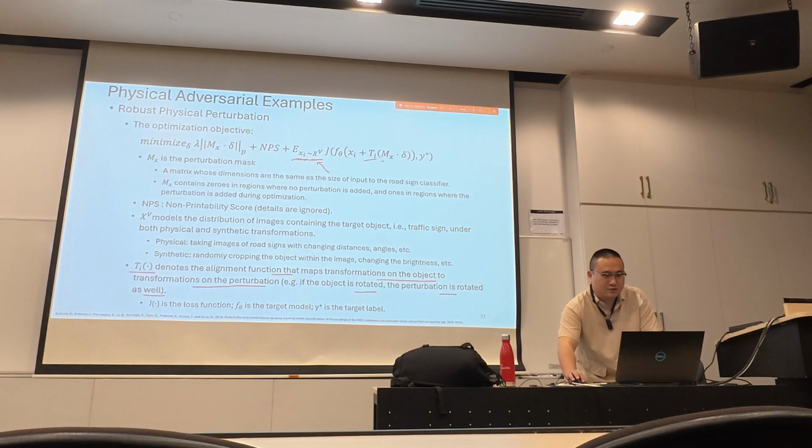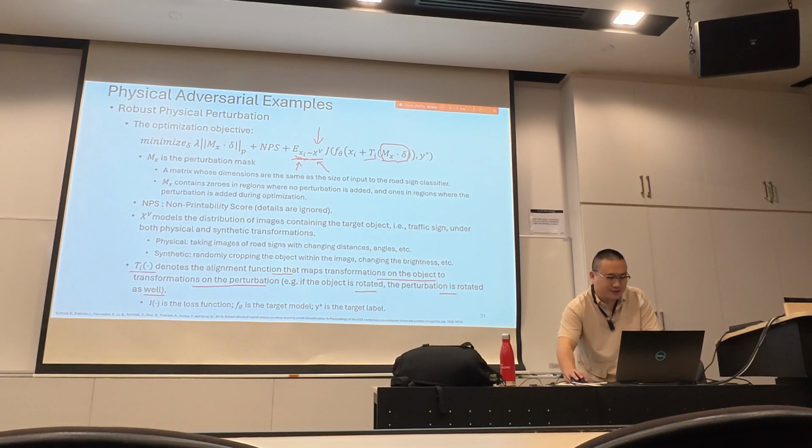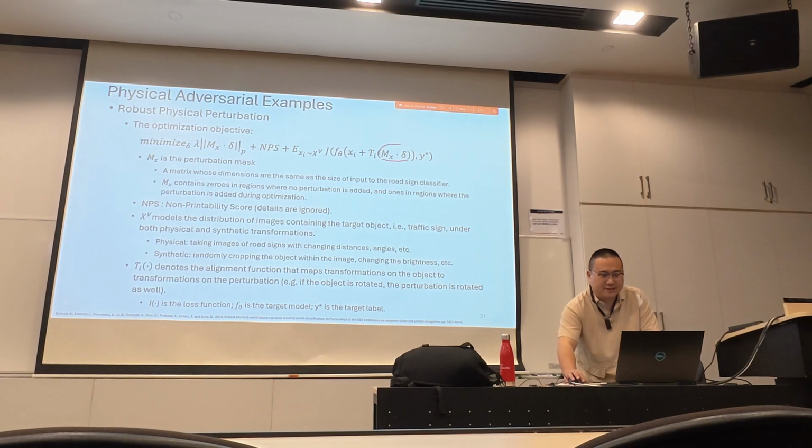Remember that when we do element-wise multiplication between the mask and the perturbation delta, we extract the delta that will be applied to the road sign. However, X^V represents transformed road signs, and x_i represents a specific instance of these transformed road signs. So we need to align the perturbation with the road sign. After we apply the mask to the perturbation, we need to do the alignment.